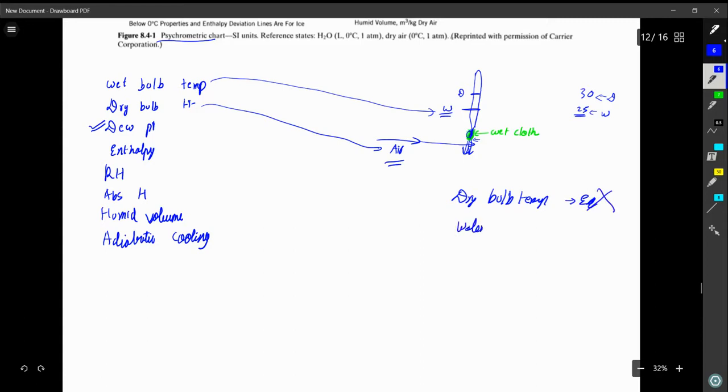So water temperature drops such that at the new temperature, Raoult's law is followed. Vapor pressure is extremely sensitive to temperature. So at that temperature, vapor pressure becomes equal to partial pressure. So that's the wet bulb temperature.